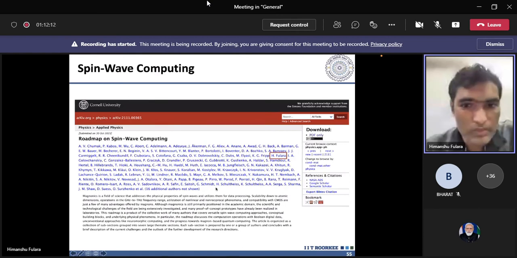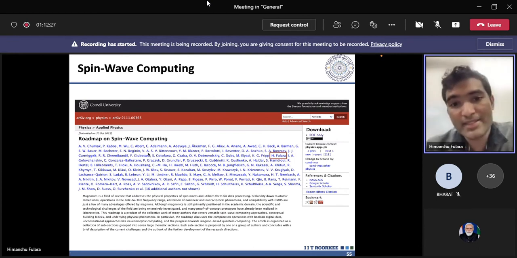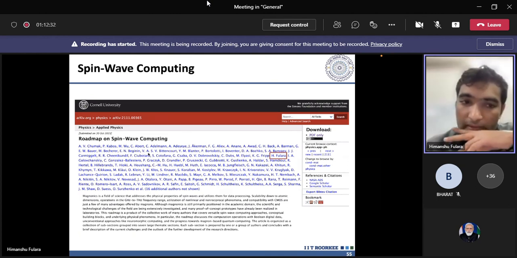We all joined our hands to write a paper on this roadmap on spin wave computing. If you are really interested in how spin waves can change the technology in the future, you can go through this paper.